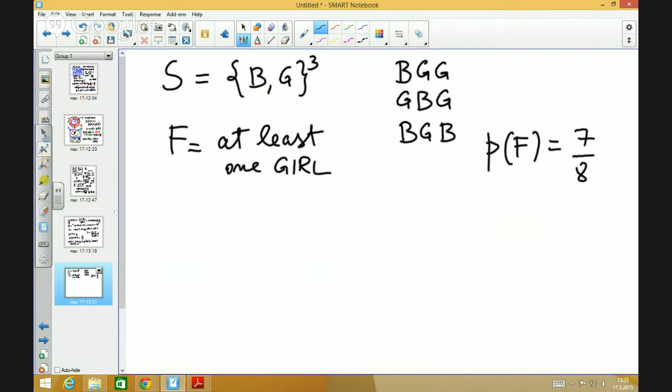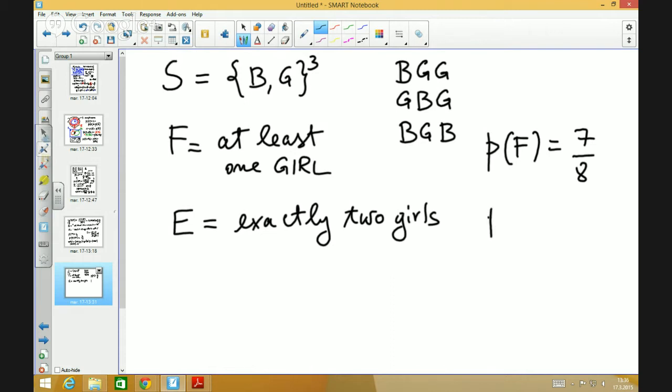Okay, so let's look at another event of interest, which is exactly 2 girls. What is the probability of getting exactly 2 girls? Well, let's spell it out.